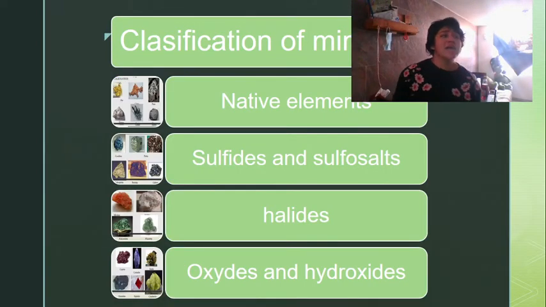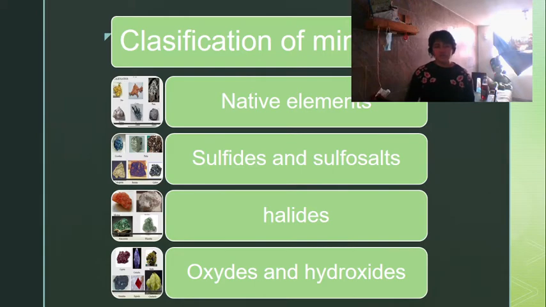Now, I'd like to turn to comment on the classification of minerals. Since the middle of the 19th century, the chemical composition of minerals has been the basis of the classification. However, note that not only chemistry is important for classification, as it also goes hand in hand with the internal structure of the mineral.